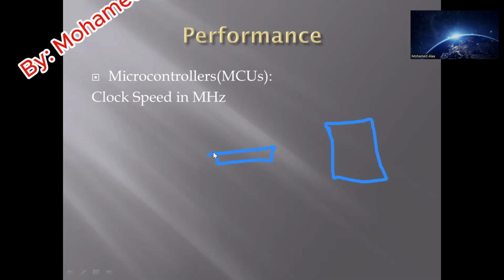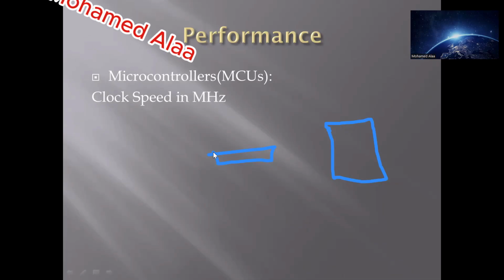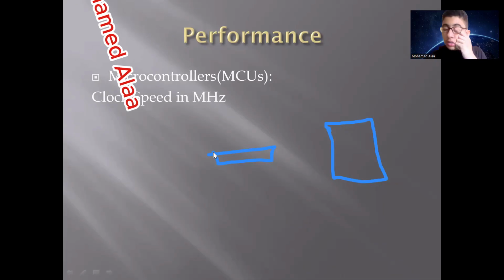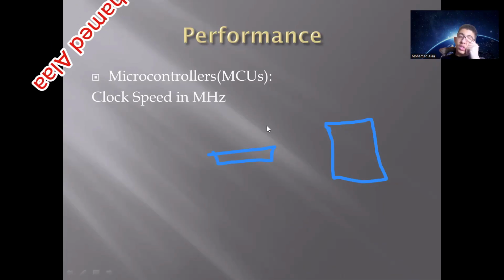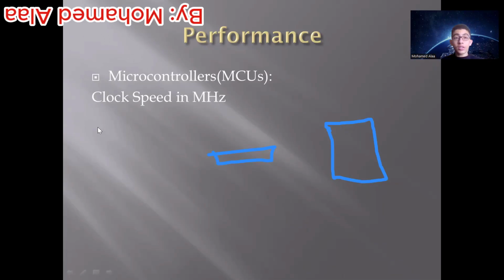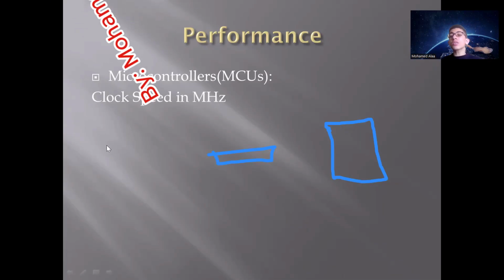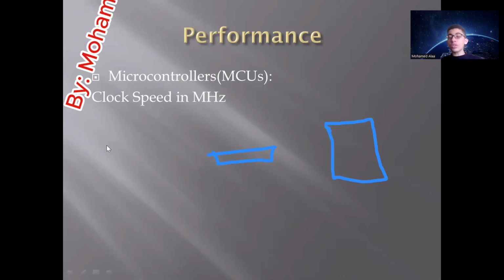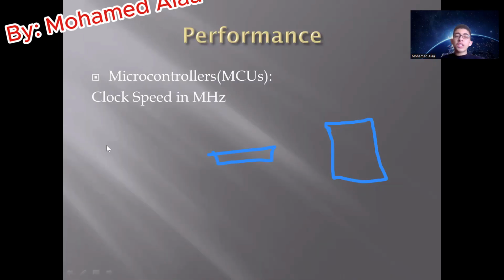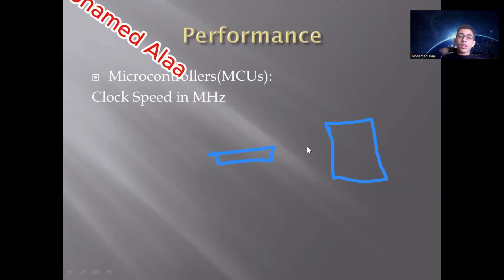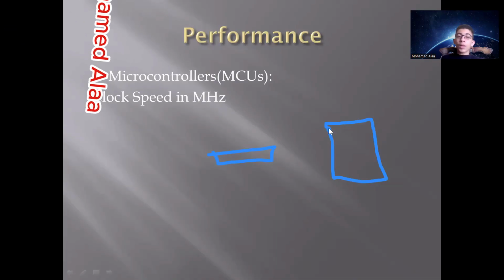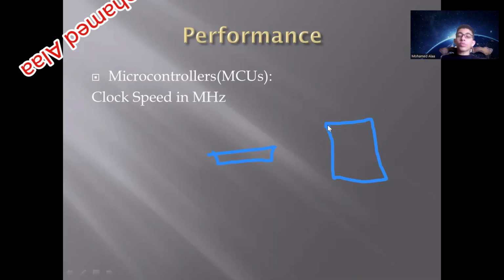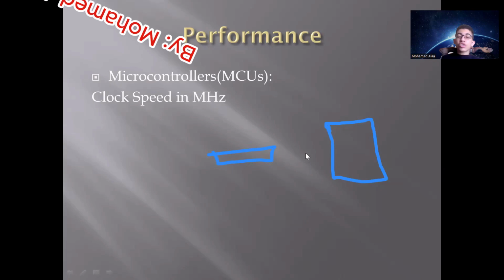Okay, now let's proceed. Microprocessors, their clock speed is in gigahertz. Gigahertz here is just the frequency measurement unit, which measures how fast it gets the data. But the microprocessor might take a shorter time.